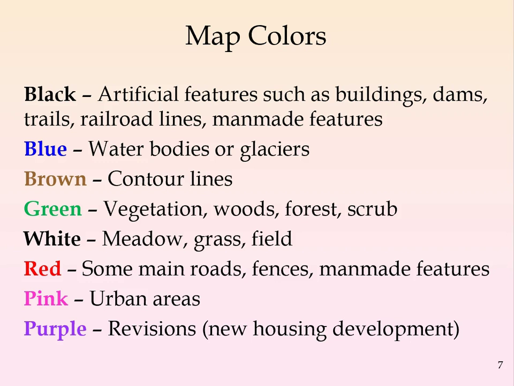One is a filled-in black outline of the building, and those are for buildings that are intended to house human activities. Typically the outline of the building is solid black, filled in. So what are those kinds of buildings?